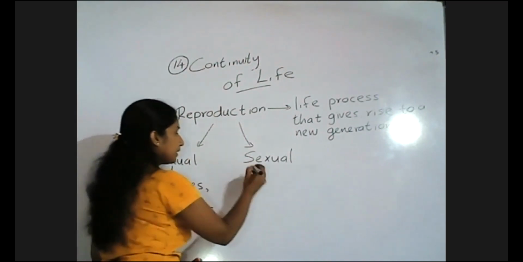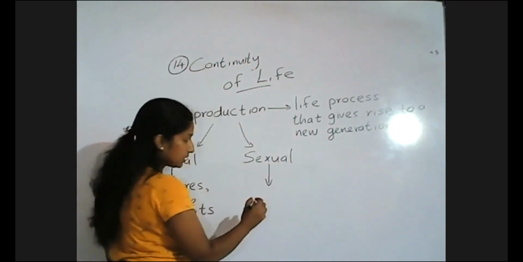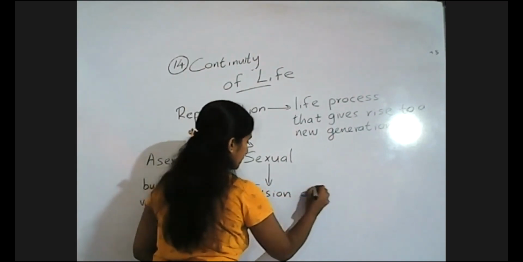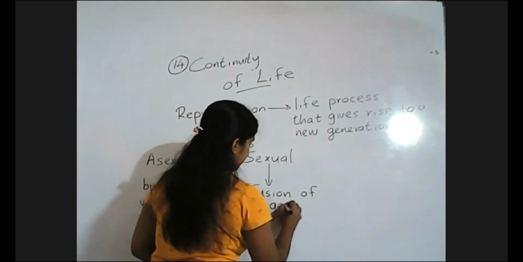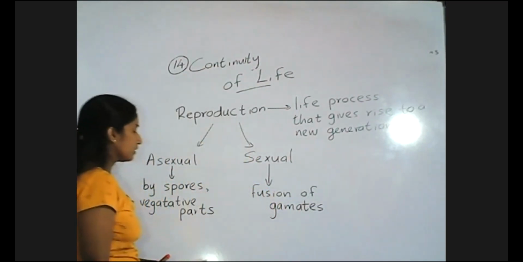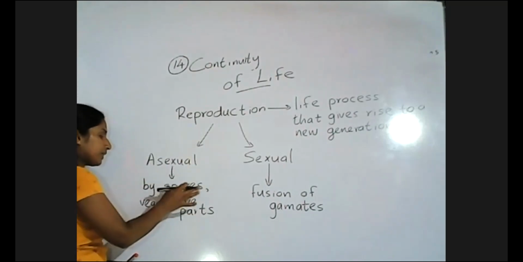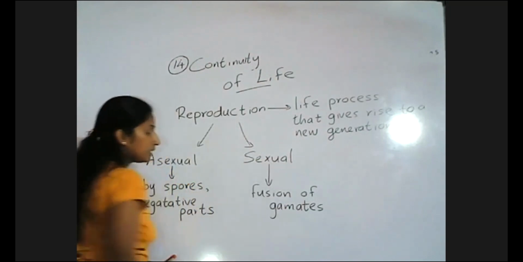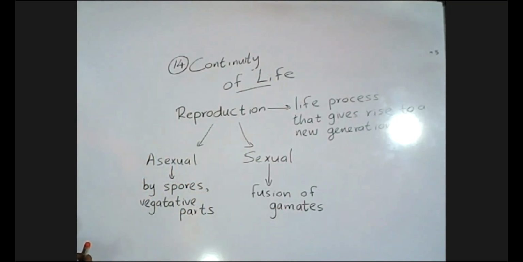And here the sexual reproduction occurs by the fusion of gametes. Asexual reproduction by the spores or by the vegetative parts, and the sexual reproduction by the fusion of gametes.